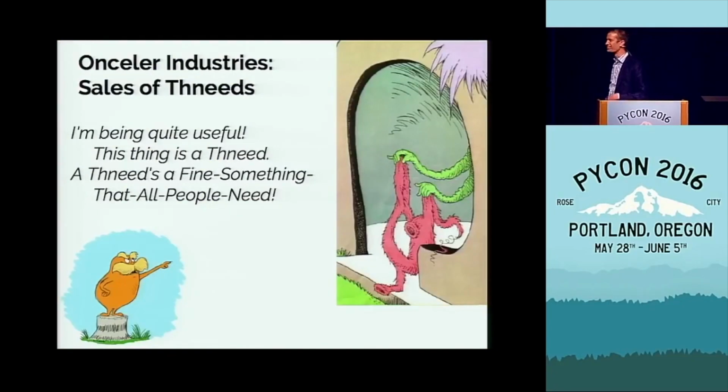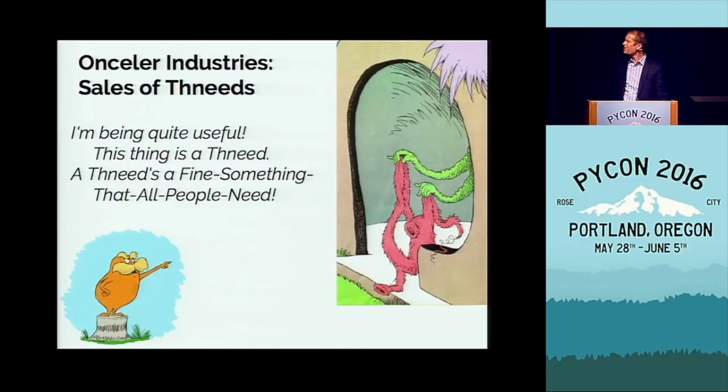So cross-validation is interesting. And I don't know if any of you have read the Lorax. The book is way better than the movie, by the way. The Lorax is about this faceless beast who goes out into the truffula tree forest and starts making thneeds. And thneeds are, of course, a fine something that all people need. And the Lorax gets rather angry.